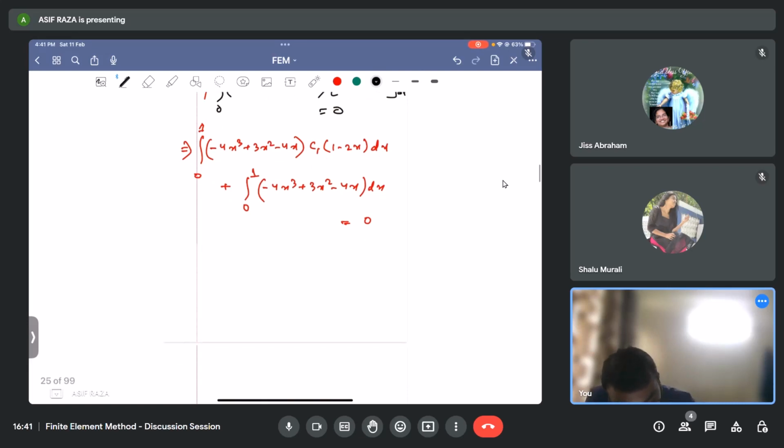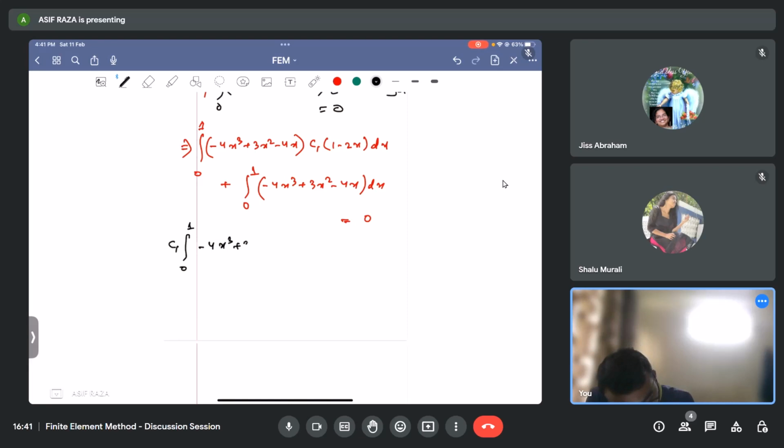Okay, that's a bit complicated again. So take the c1 out: minus 4x cube plus 3x square minus 4x, okay, minus 2x is multiplied with it again, so 2x would give me 8x4 minus 6x cube plus 8x square dx, plus 0 to 1 minus 4x cube plus 3x square minus 4x dx equal to 0.